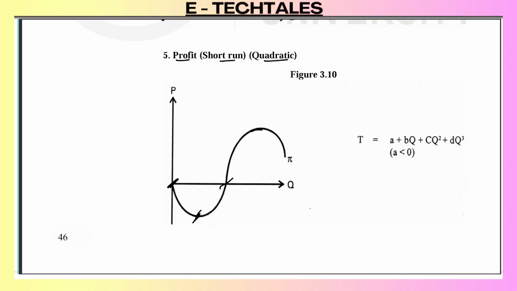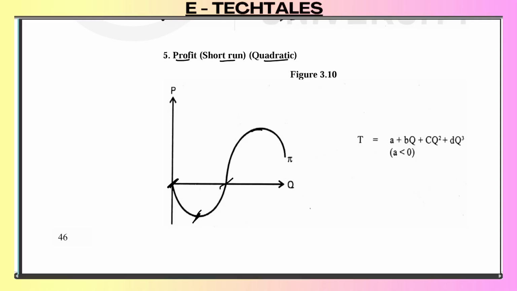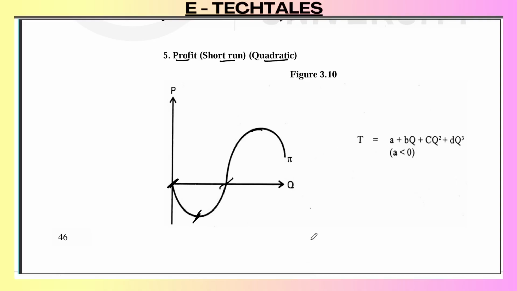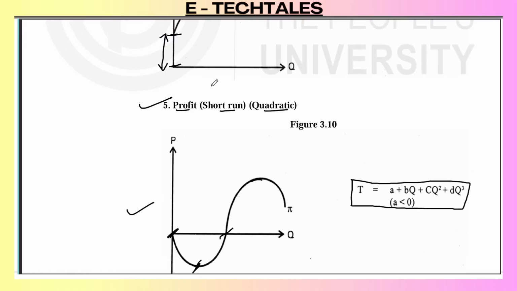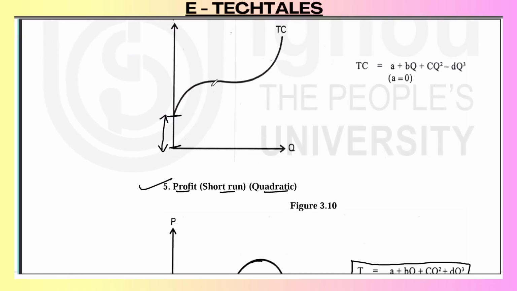Okay, so it is a little bit confusing, but try to remember the easy forms. If not possible, you can eliminate the equations because sometimes you might get confused. Rather, I'll say remember the diagrams. Okay, profit is a short run, for short run cases it is quadratic.